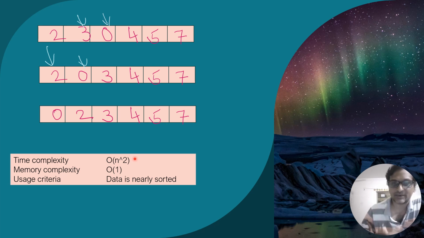That's the reason why we have an outer loop, and we have one inner loop for the left to right traversal, and another inner loop for the right to left traversal, and hence the complexity in the worst case scenario is n square. Memory complexity is O of 1, and it's a constant, and the usage criteria which is best suited for insertion sort is when the data is nearly sorted.